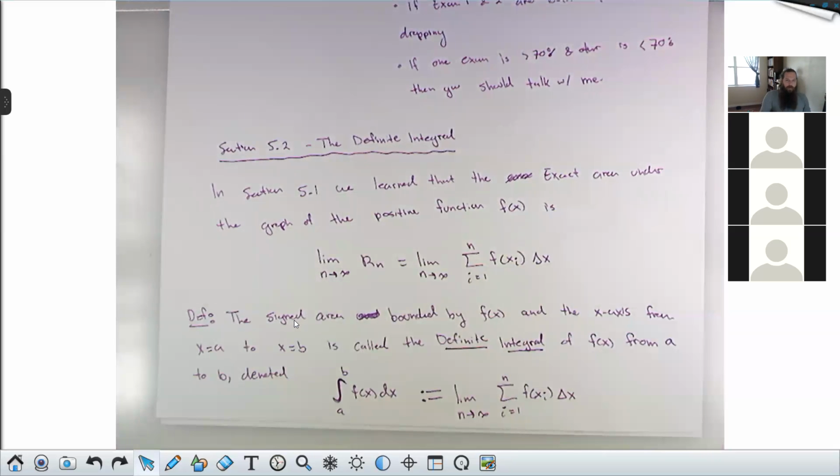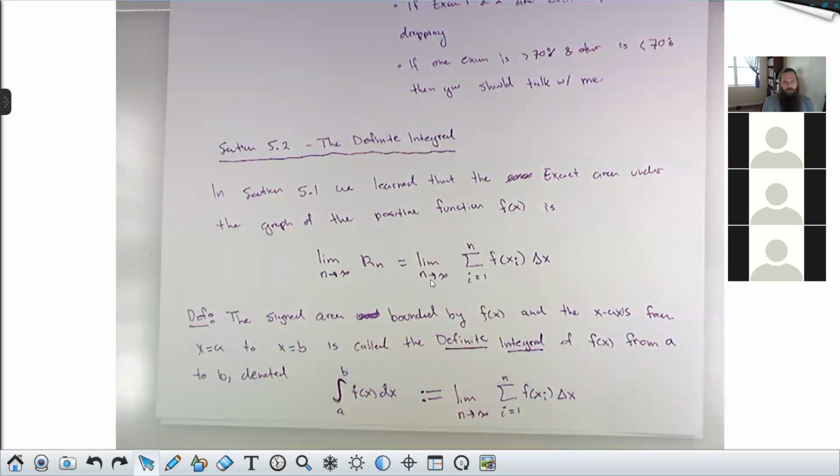And sort of each object in the Riemann sum on the right has a corresponding object on the left. The f of xi here are your heights or y values, and those are the same as the f of x's in here. The delta x here are sort of like your widths or little changes in x. That's represented here by the differential dx.